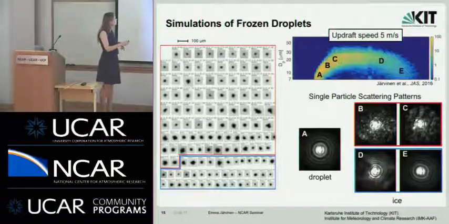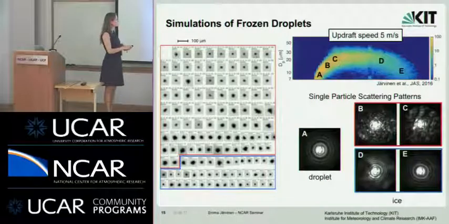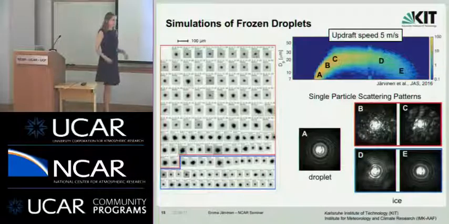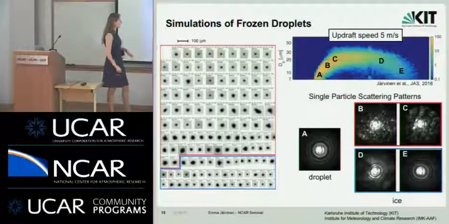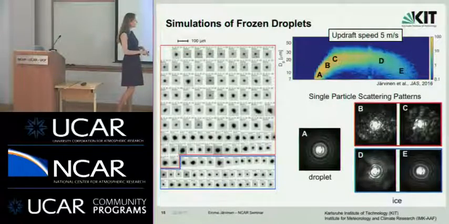So we really don't see much difference in these images from the beginning of the experiment towards the end of the experiment. We have just small spherical blobs. But if we now look at the scattering patterns at different phases of the experiment, we have first a droplet with concentric rings according to the Mie theory.